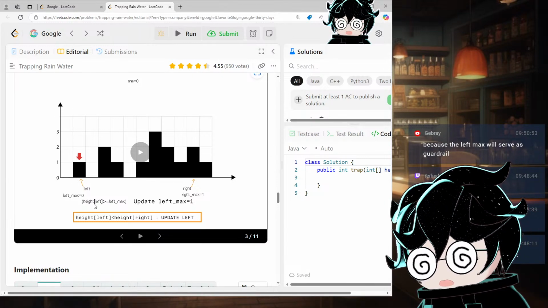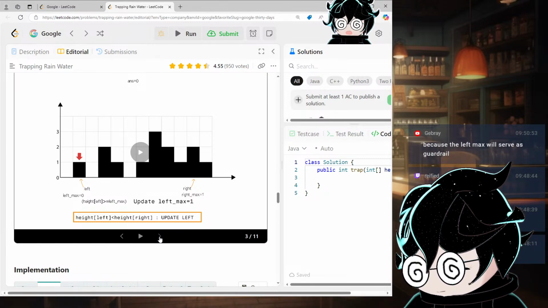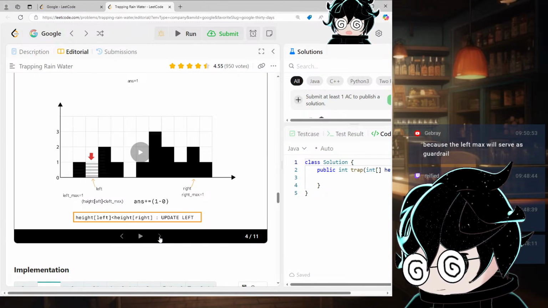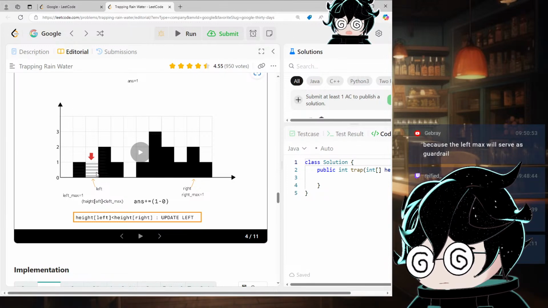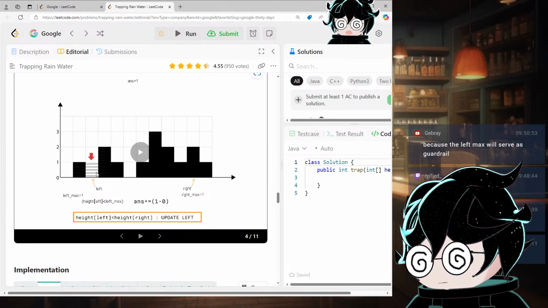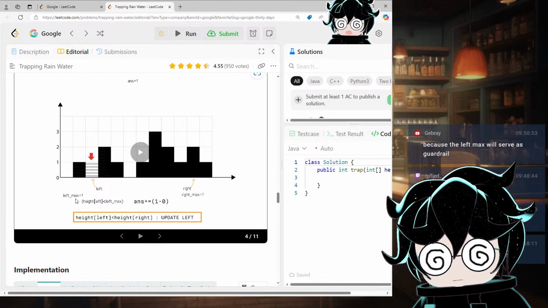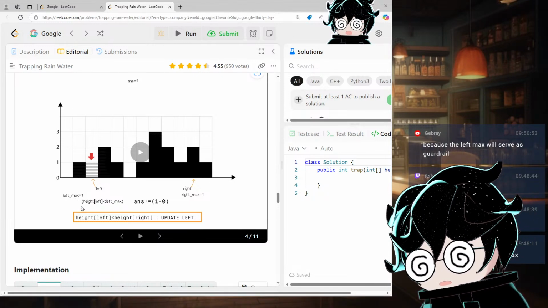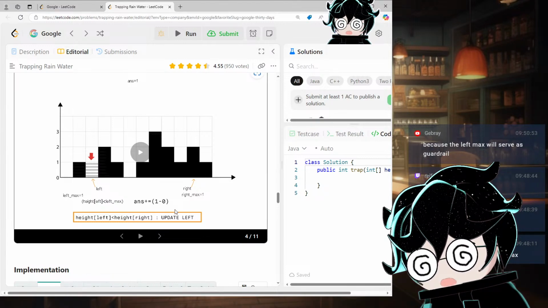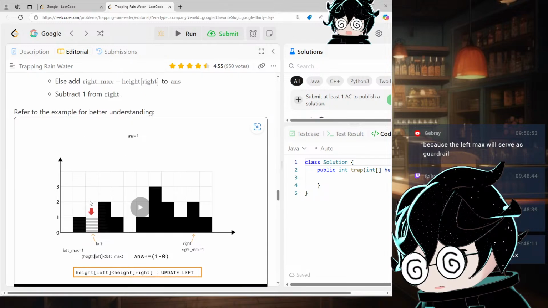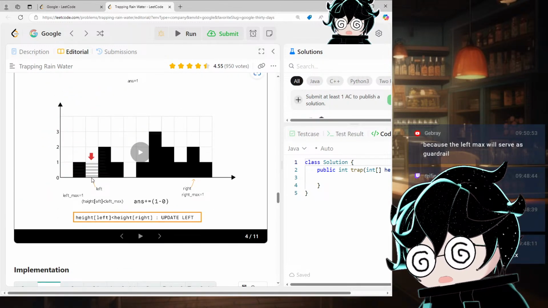We update the max, I suppose. So we get to here. Answer is equal to 1 minus 0, the max minus the current height.